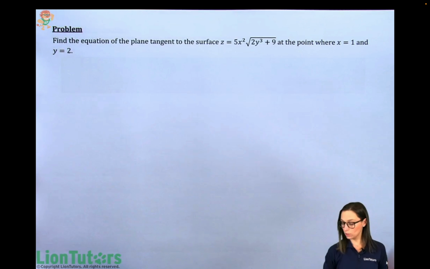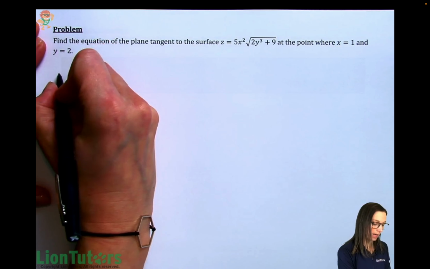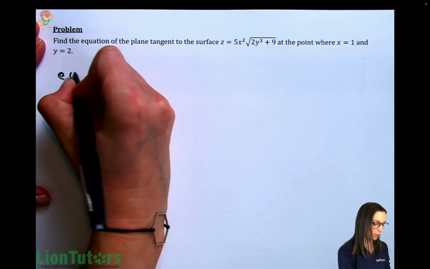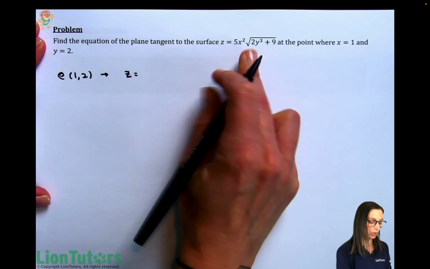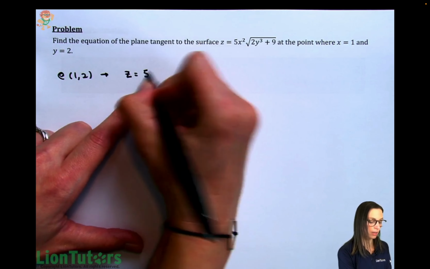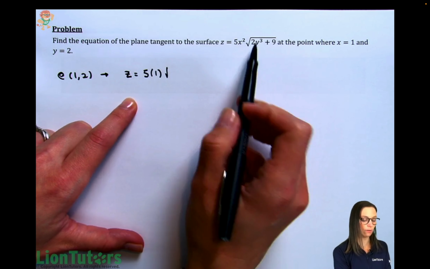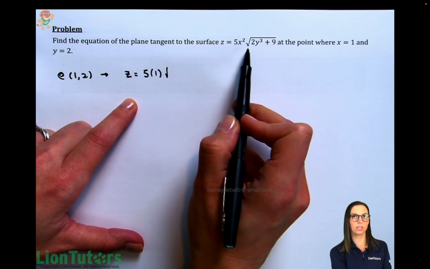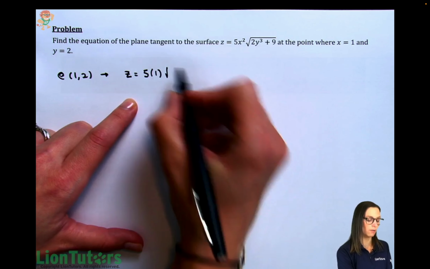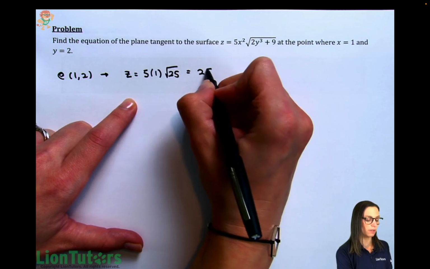Okay, so that's what I'm going to do. At the point (1, 2), z equals 5 times 1 squared, which is 1, times the square root of, if we plug in a 2 here, 2 cubed is 8, 8 times 2 is 16, 16 plus 9 is 25, square root of 25 is 5, 5 times 5 is 25.